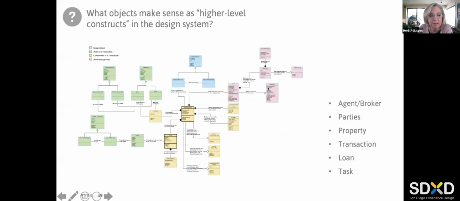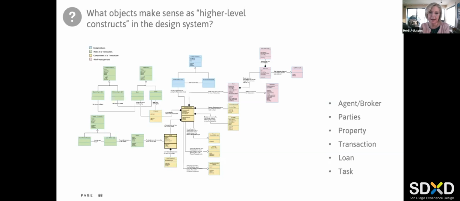So I think this, and obviously this is kind of a specialized domain because I'm talking about escrow here, but this is some examples of what I would consider to be kind of organism level constructs that you could have in a design system. So something like a property is a chunk, it's an object that appears in many, many different contexts throughout the system.